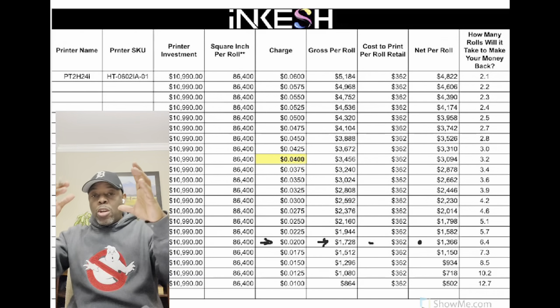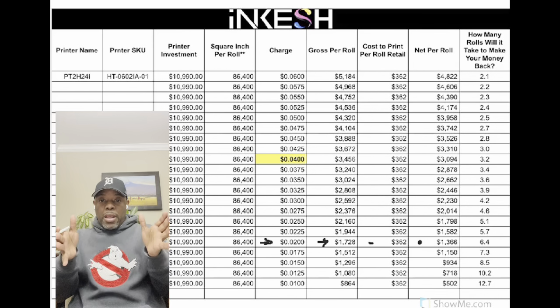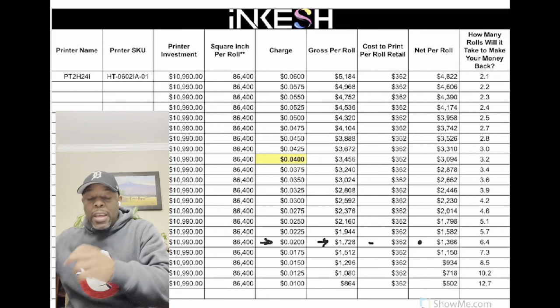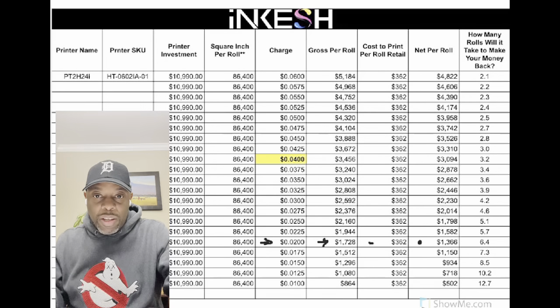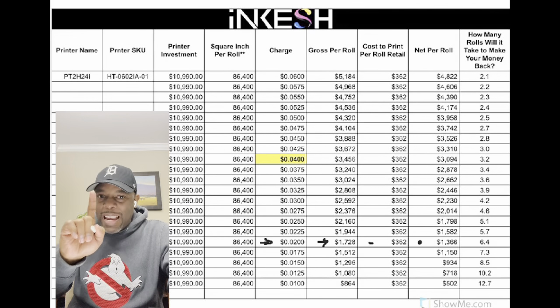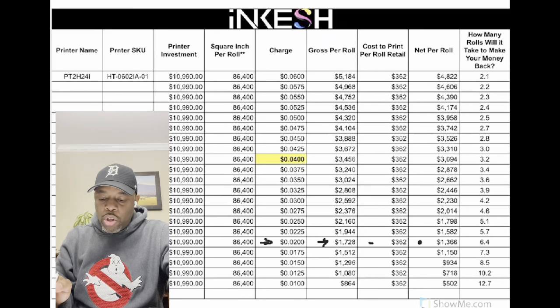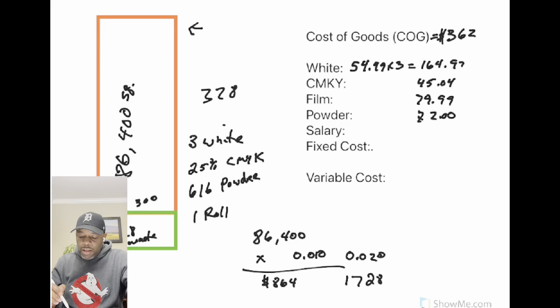All right. So that means you printed a roll, you got your money aside, and now you can reinvest that $362 for another roll. And now you're left with $1,366. Now let's keep that number in mind. Let's go back here for a second. So you have $1,366 that you're making per roll.